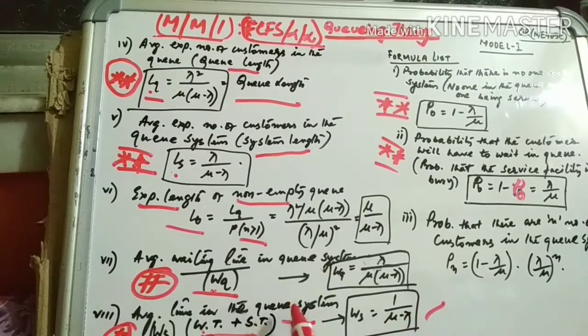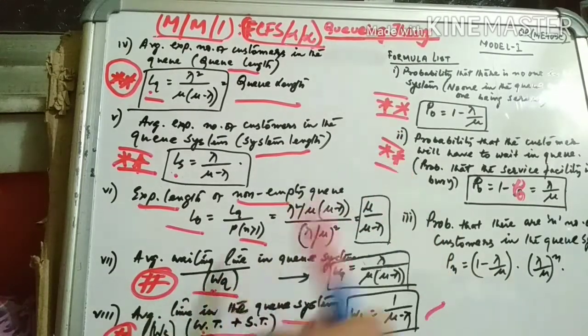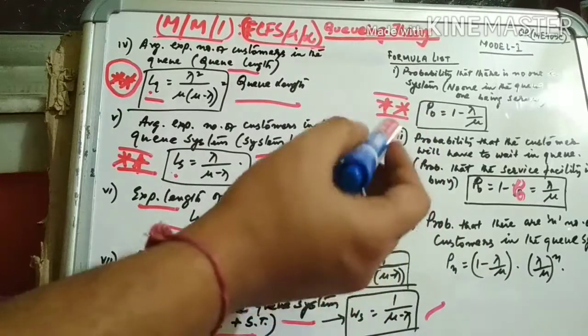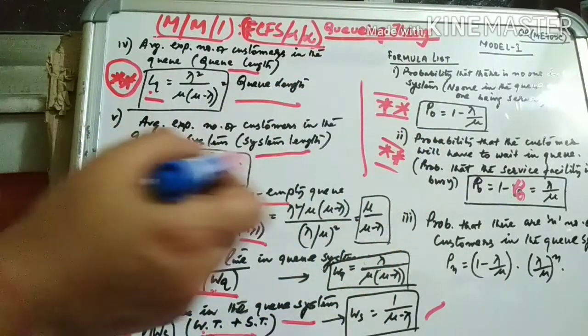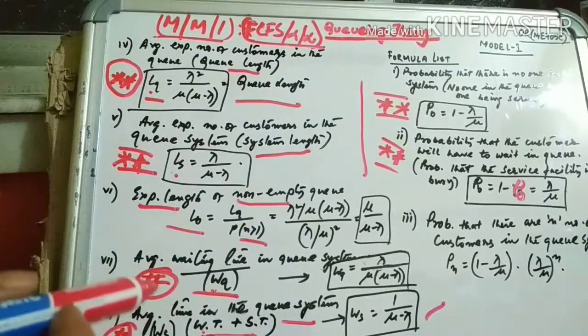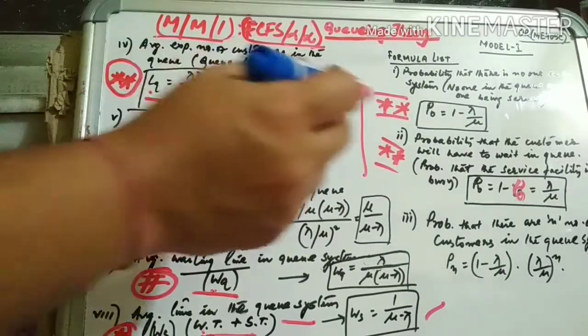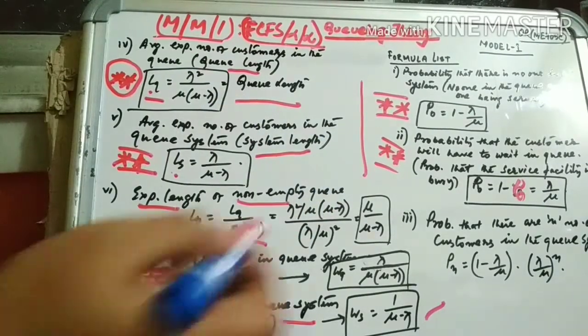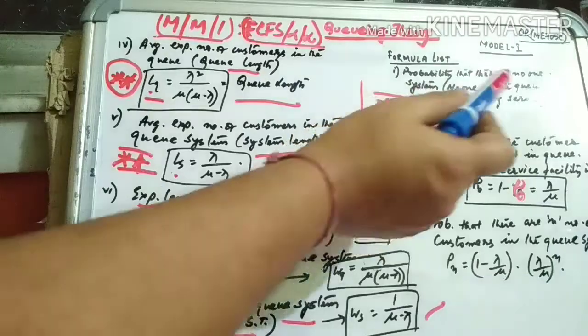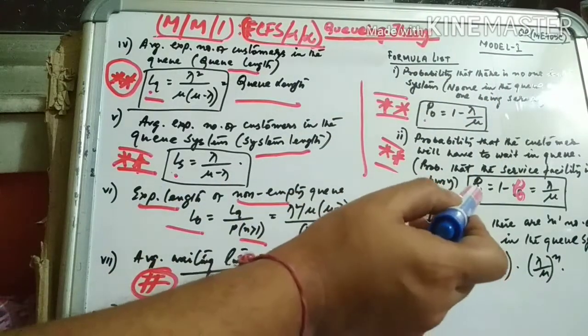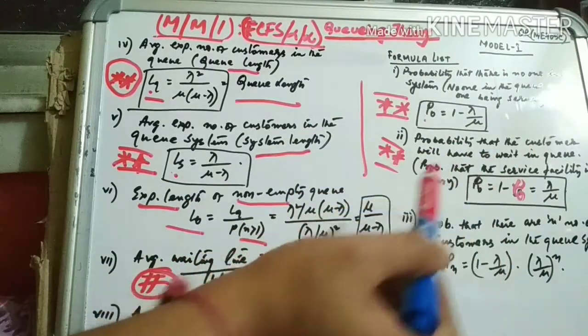So we have got six very important formulas, I must say, that you are going to apply in the coming numericals. One is P0, the probability that there is no one in the system. Next is PB, the probability that the customer will have to wait in the queue.